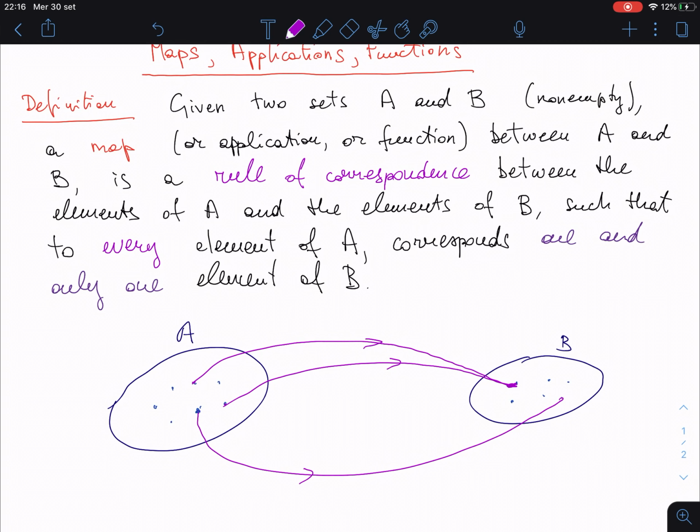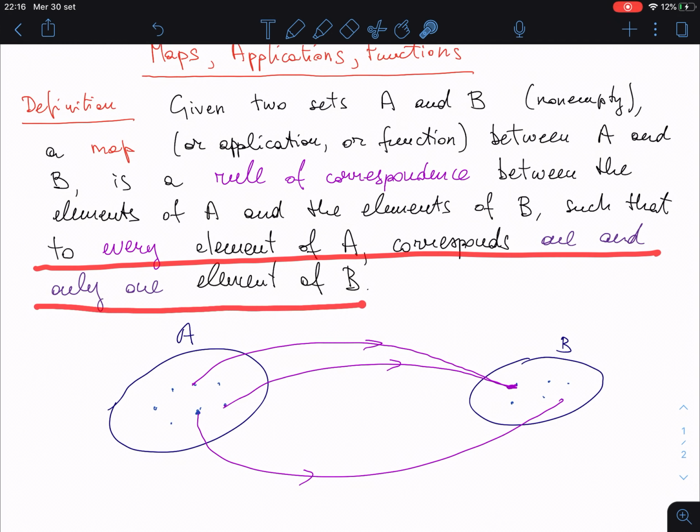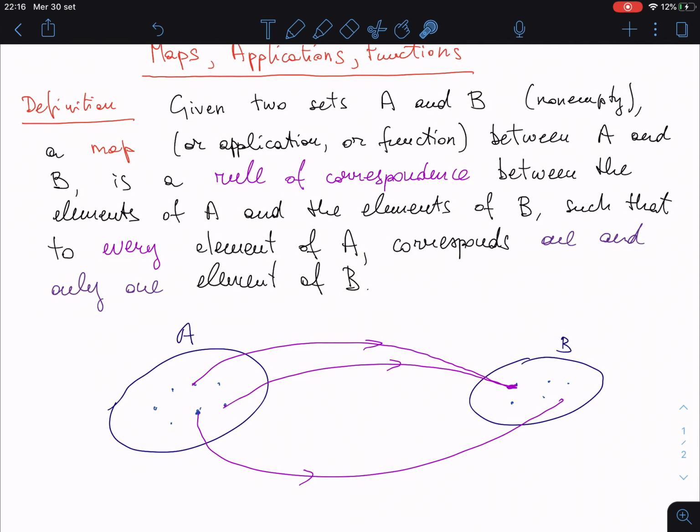This is allowed, and you see it here, because we say that to every element of A corresponds one and only one element of B. But we never say that to different elements of A there must correspond different elements of B. In principle, all elements of A could go, why not, to the same element of B. This is not forbidden.